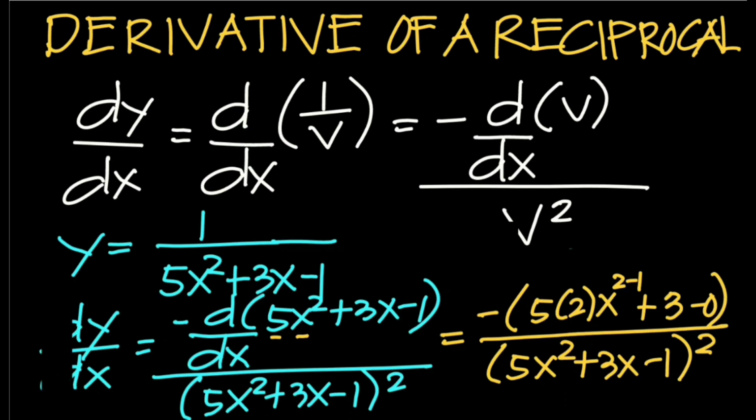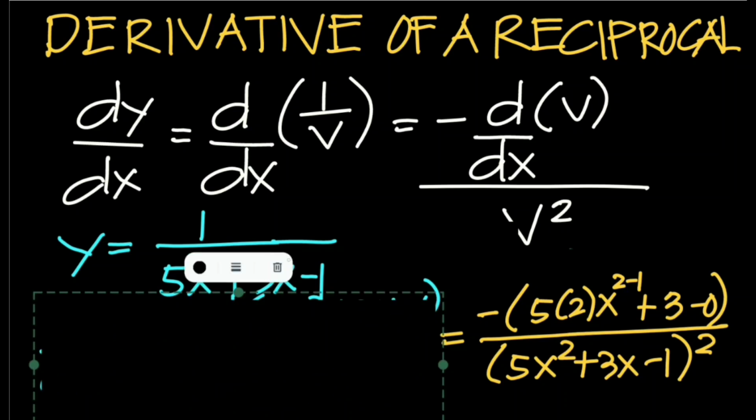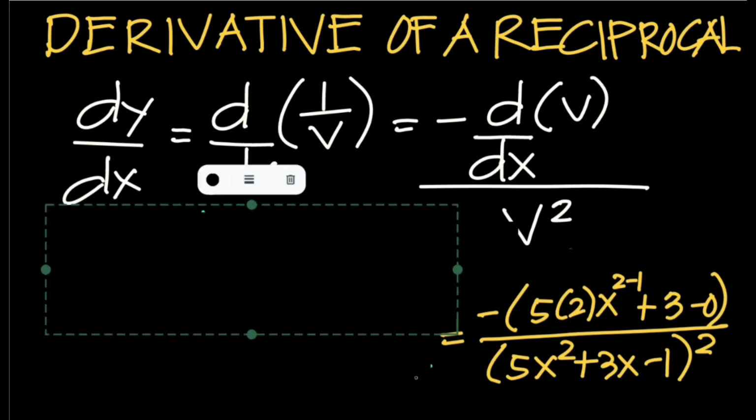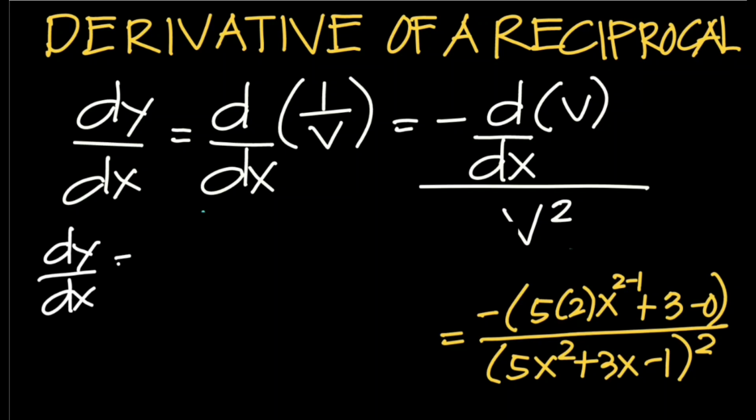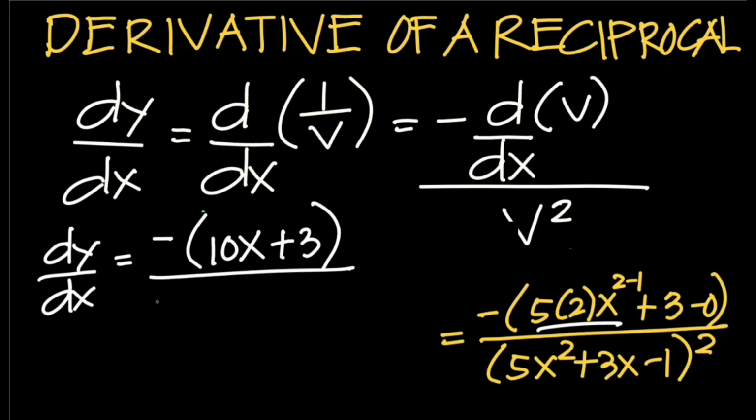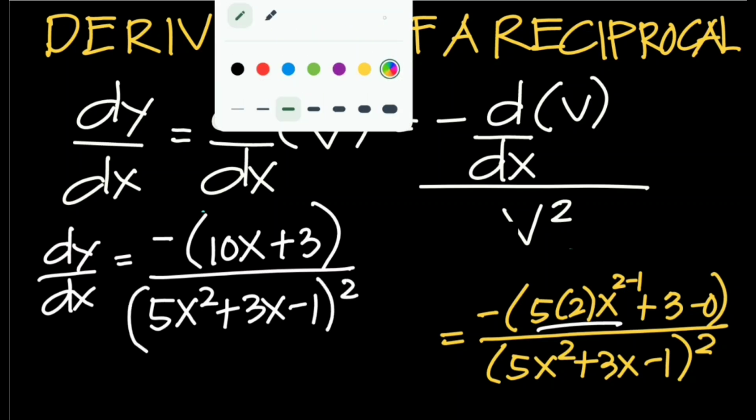And this would become, let me erase this. So dy over dx is just equal to the negative of this one. 5 times 2 is 10. 10x to the 1, or just simply 10x plus 3, over 5x squared plus 3x minus 1 squared.